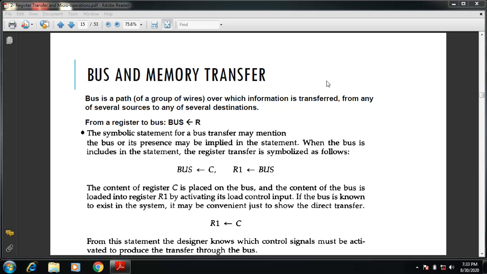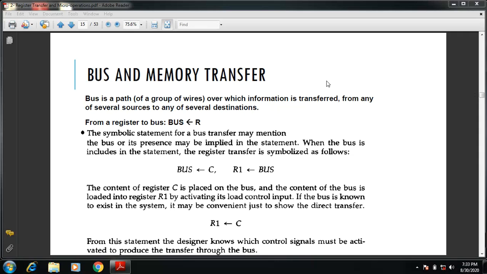Then next, how the register transfers information from one register to another, or register to memory, then memory to registers. So these are all the things I already discussed in the previous video.